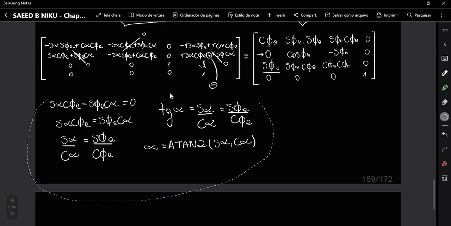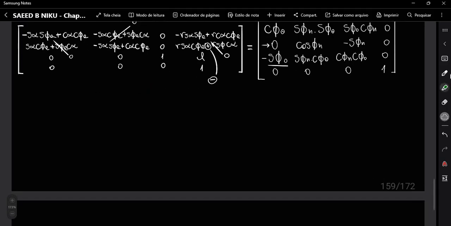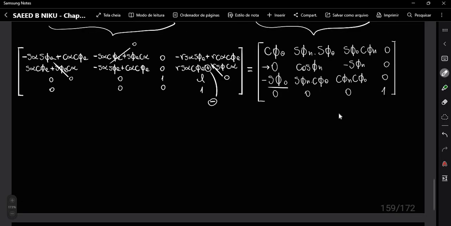Let's try again. So minus sine of alpha, sine of the A plus, right here we also will have to change. Let me already change the signs.